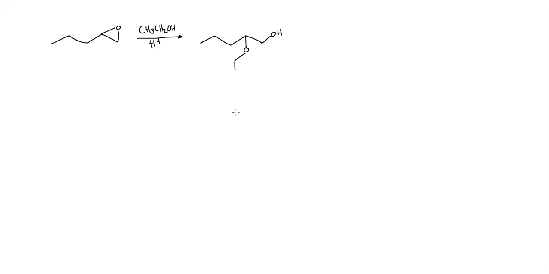However, if I do this exact same thing, except under basic conditions, so now instead of using CH3CH2OH with H+, now I'm using NaOCH2CH3 with ethanol as a solvent, CH3CH2OH, right?